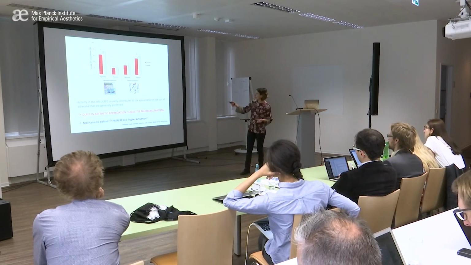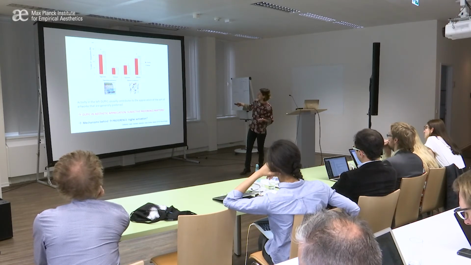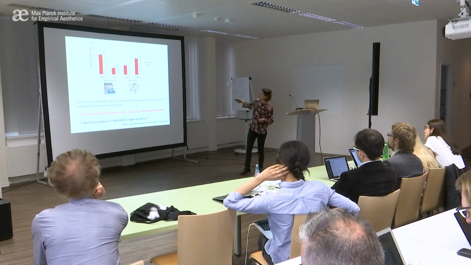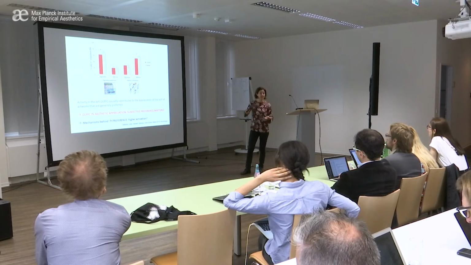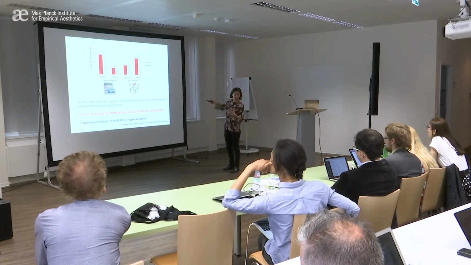What we found when testing them with TMS in this experiment was that only people who prefer figurative paintings showed an effect of TMS over the dorsolateral prefrontal cortex when judging those paintings. And the same happened for people preferring abstract paintings.